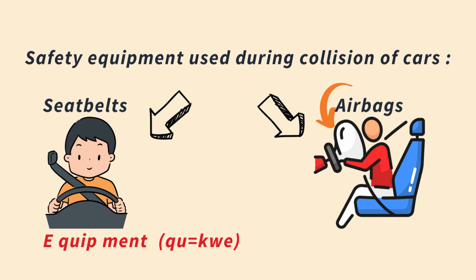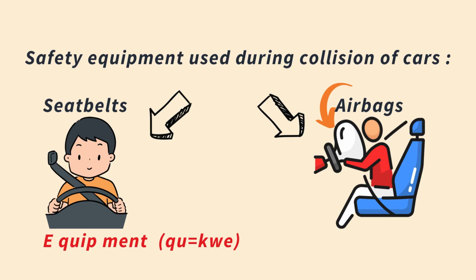Okay, so here we have the safety equipment, which are seat belts and airbags, and we will discuss them now. Equipment means tool. So we have safety tools in the cars. We said that the safety equipment used during a collision are seat belts and airbags.